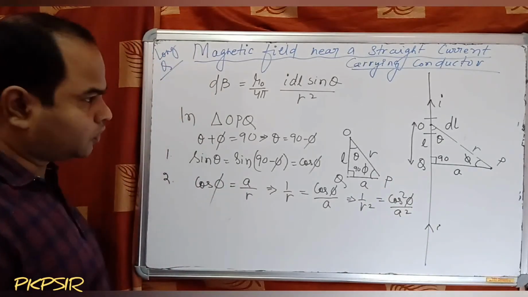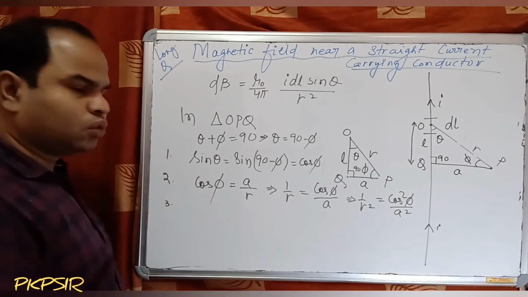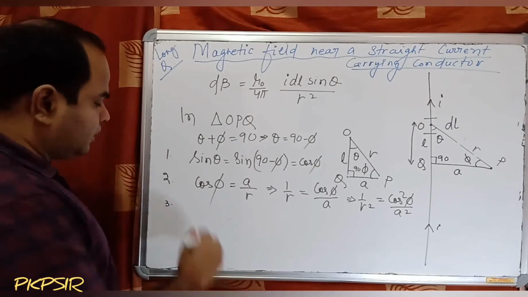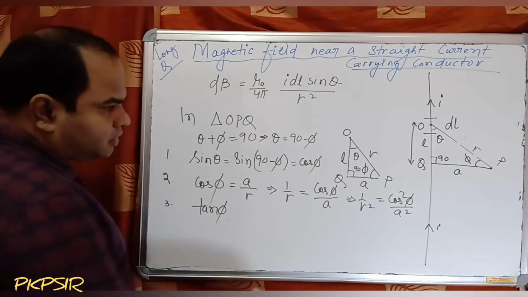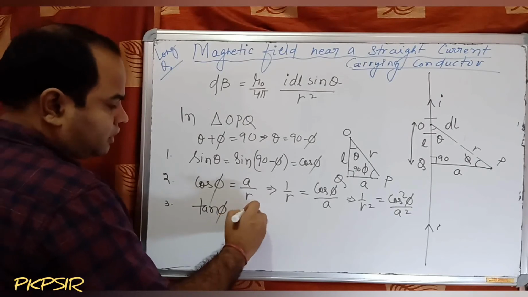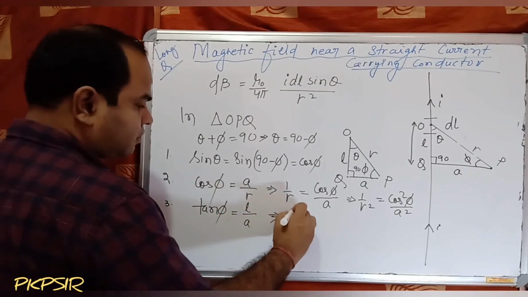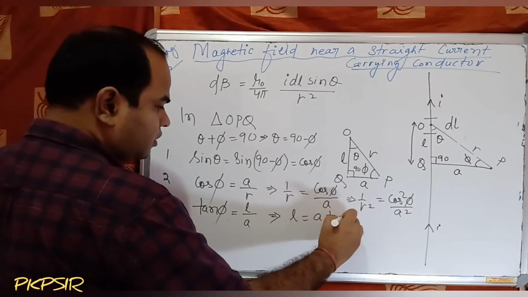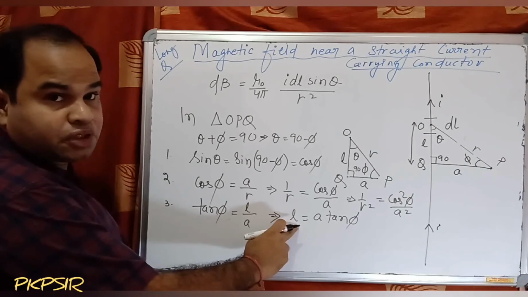Third, our term is dl. So in the same triangle OPQ, tan phi is how much? Tan phi is height by base. Height is L, base is a. So L is equal to a tan phi. Differentiate L with respect to phi.